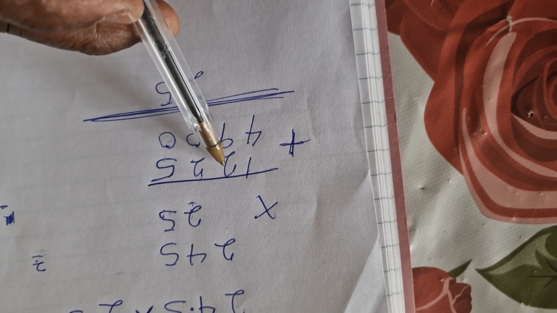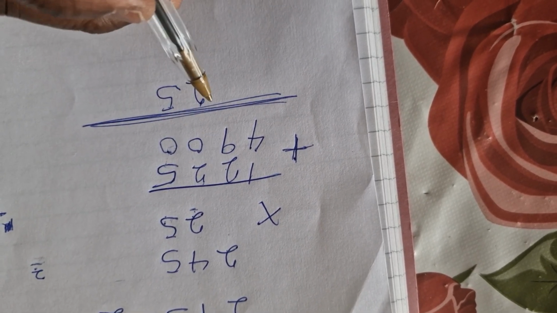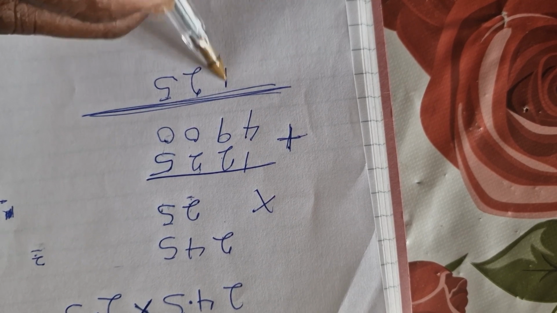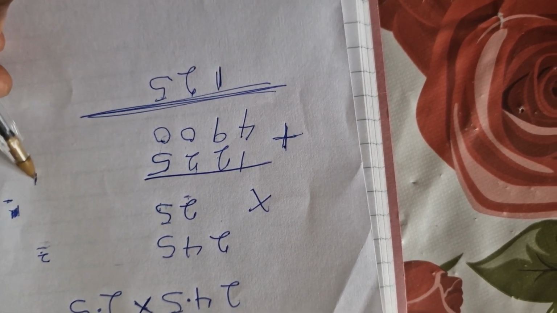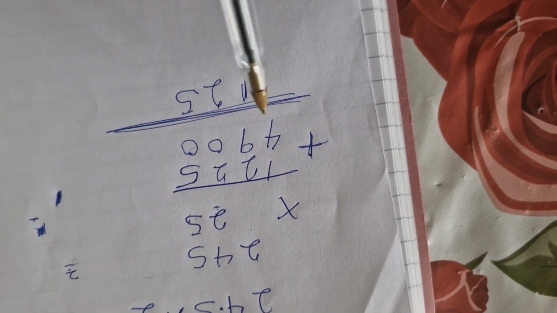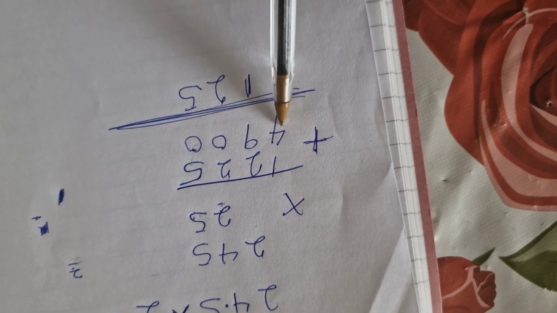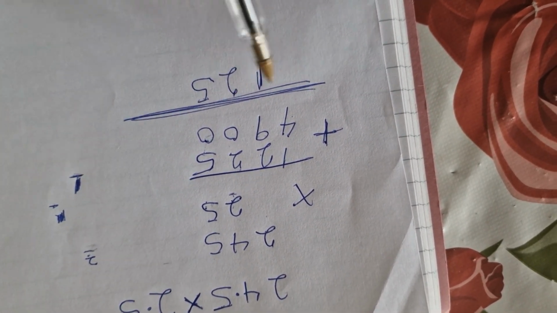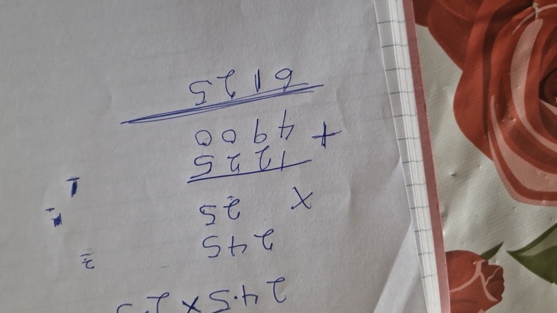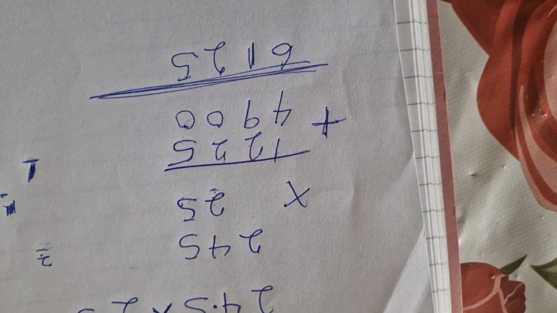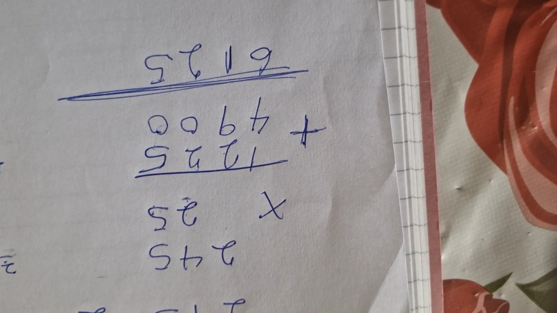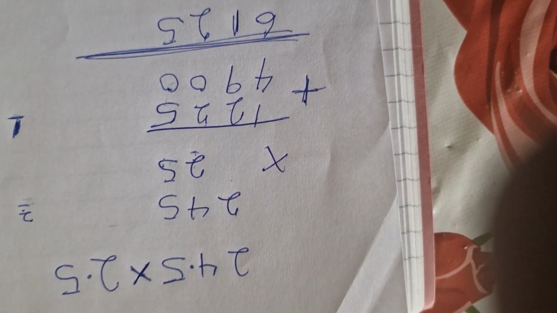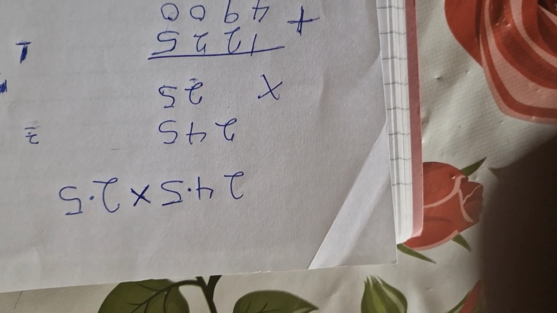Then 2 plus 9 will give you 11. You write your 1 here, remaining the 1 out here. Then 1 plus 4 will give you 5, plus the 1 here will give you 6. So far we've got 6,125.